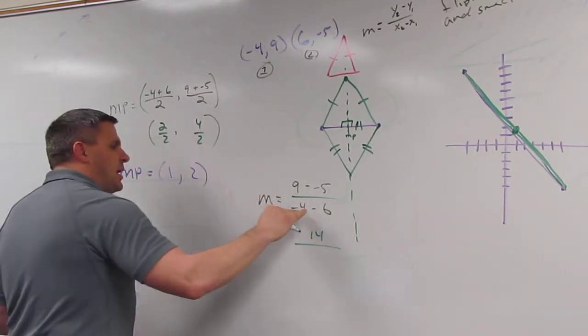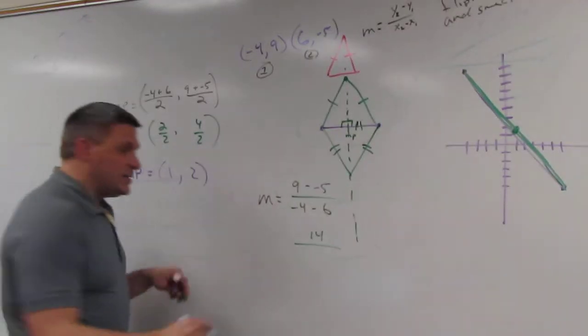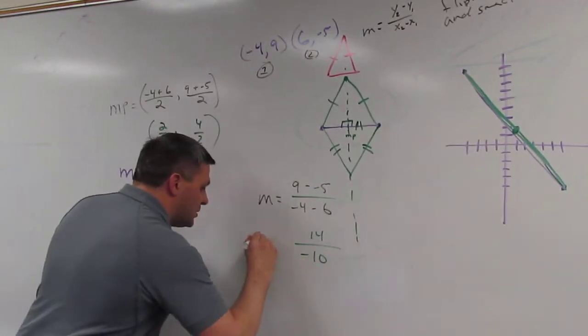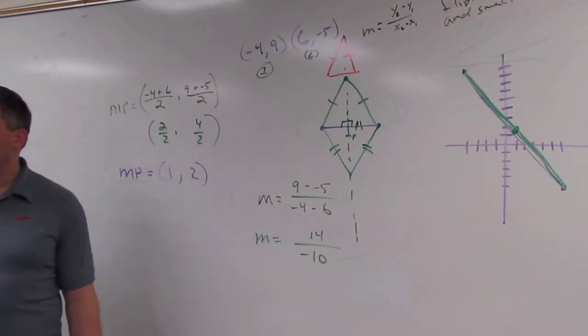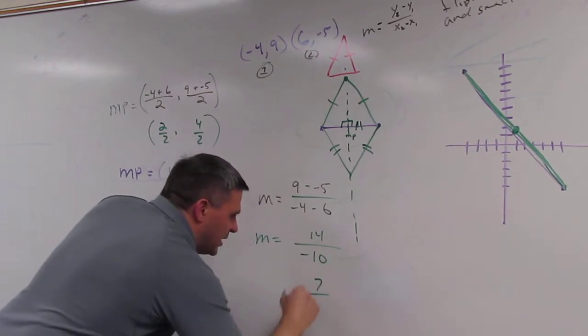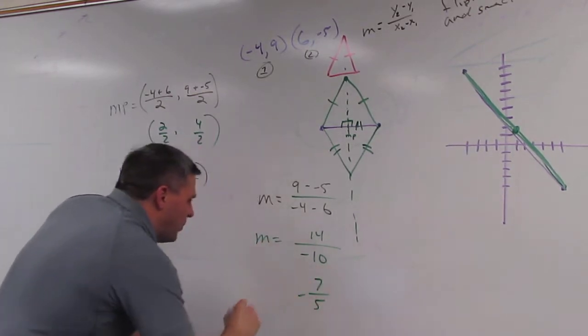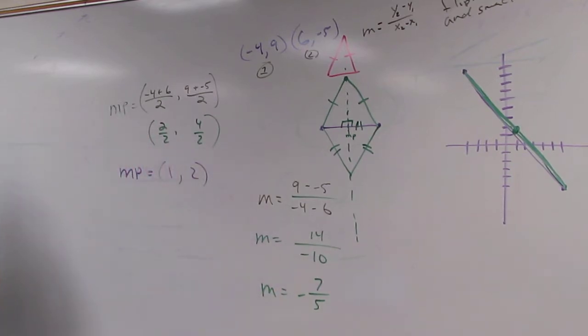And now we have negative 4 minus 6, which is negative 10. So our slope is equal to 14 over negative 10. We could reduce that, right? 2 goes into there 7 times. 2 goes into there 5 times. We have a slope of negative 7/5.